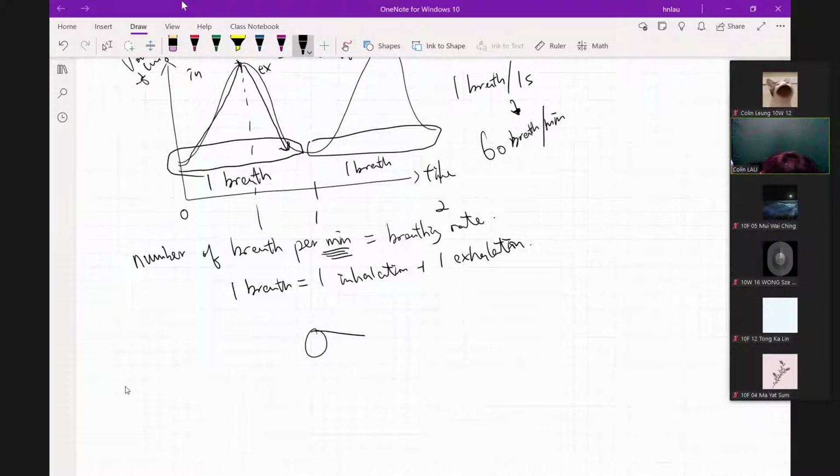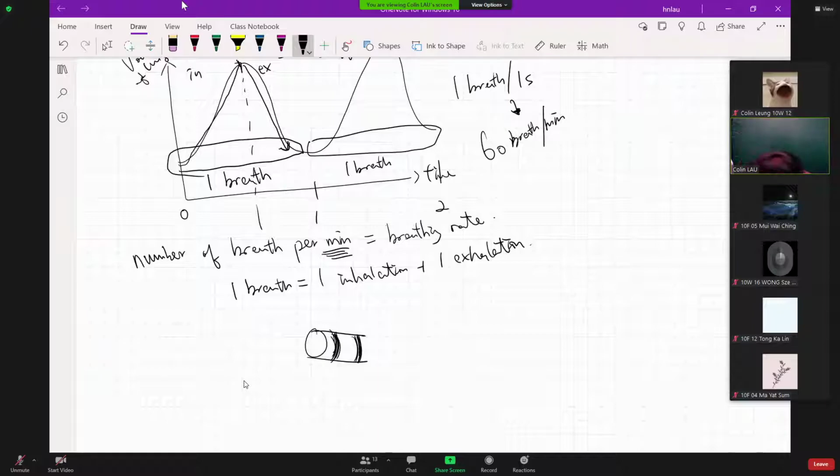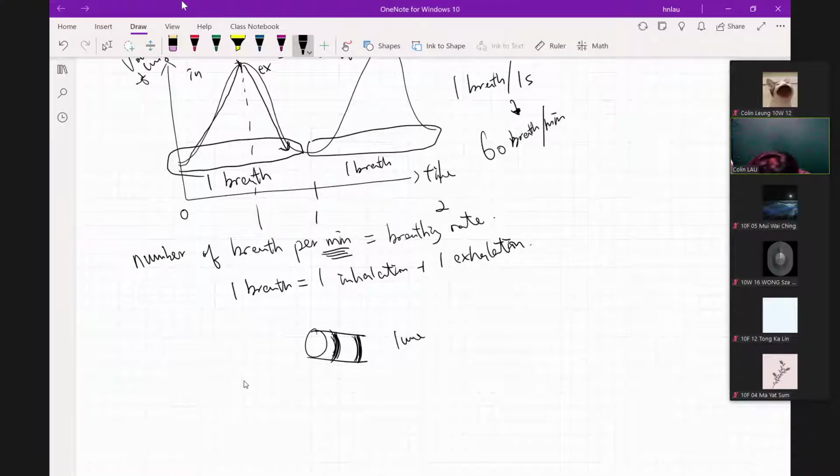But for the smooth muscles, let's say this is the lumen of the trachea, and then you have some smooth muscles surrounding this trachea, right? So when this smooth muscle contracts, then your trachea lumen size drops. That is of course not good; when it contracts, you would want it to widen. So when the smooth muscle relaxes, the lumen size increases.